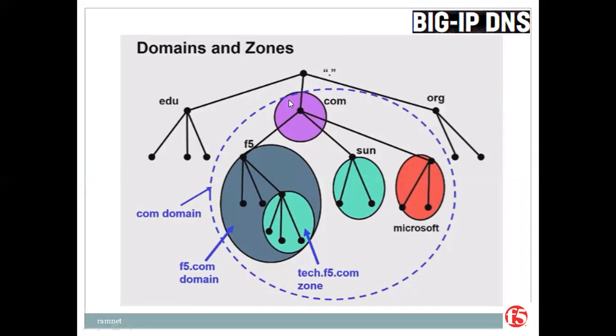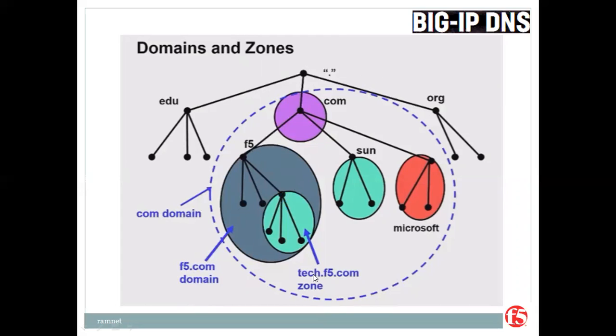Under .com, we see fi.com. This is the root, fi.com. That dotted blue color area is a com domain, the fi.com domain.